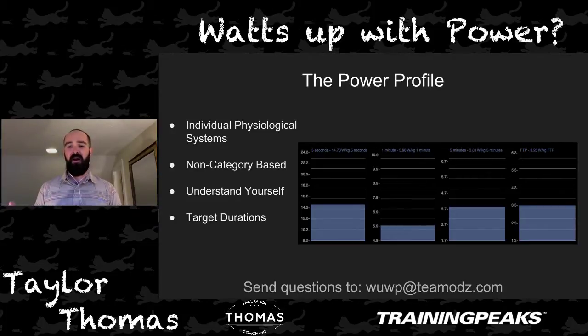It's not all aerobic, right? There's some neuromuscular, there's some anaerobic, there's some VO2 max. So the body's very complex, and there's a lot of systems that work at any given time, but these durations do the best job of isolating and providing some insight into those particular systems. All right, next slide, Justin.